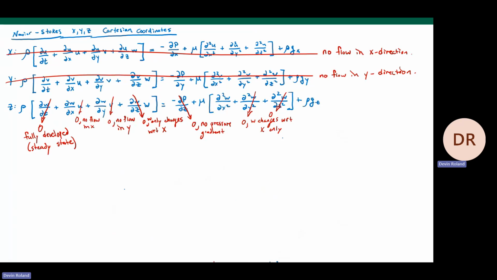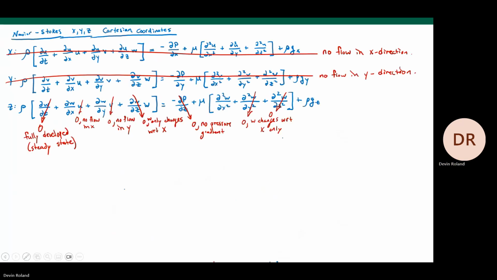So that will leave us with a much nicer looking equation, and this is just the z portion, like I said. We're going down to one equation here: 0 equals mu d squared w dx squared plus rho gz.